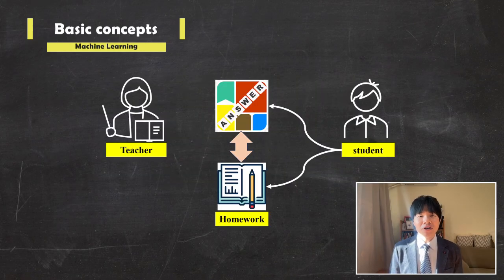For example, just like how we learn, our teachers provide us with learning content and corresponding answers to guide our studies. Through this learning process, we can summarize certain rules and establish our own learning model.